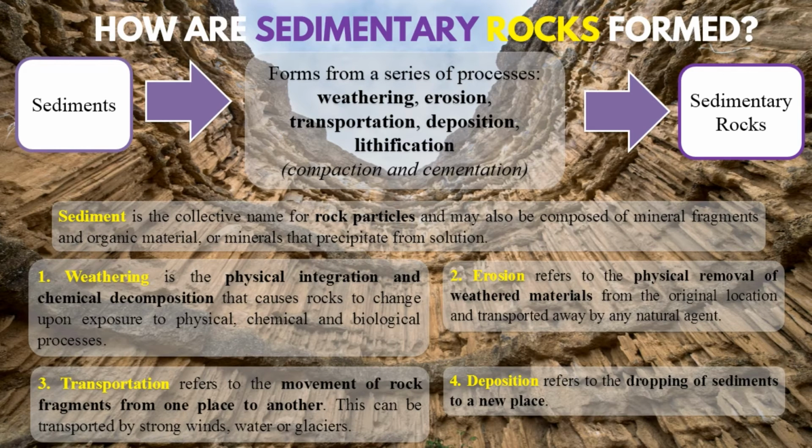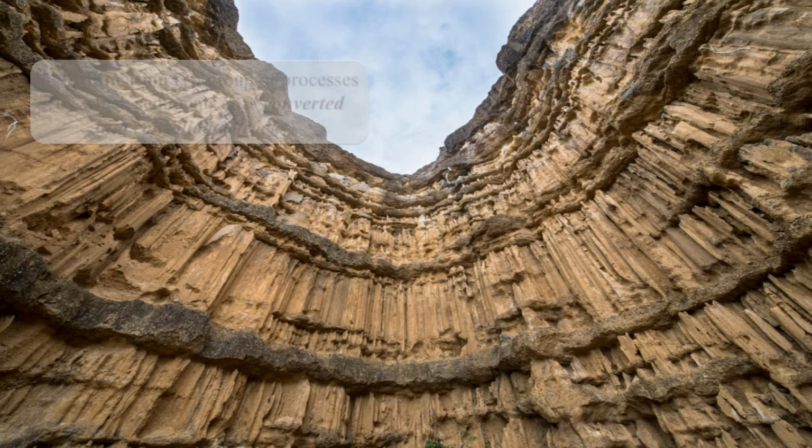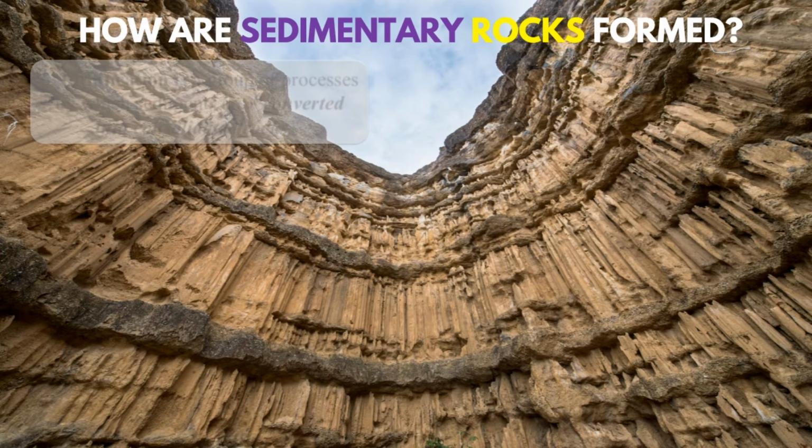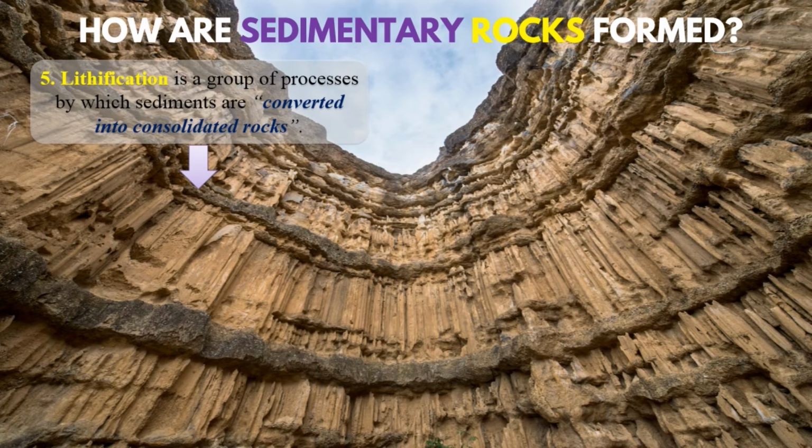Deposition is the dropping of sediments to a new place. The last part in the series of sedimentary processes is the lithification. Lithification is a group of processes by which sediments or the rock fragments are converted into consolidated rocks. When we say consolidated rocks, the rocks are combined already, forming a new type of rock.